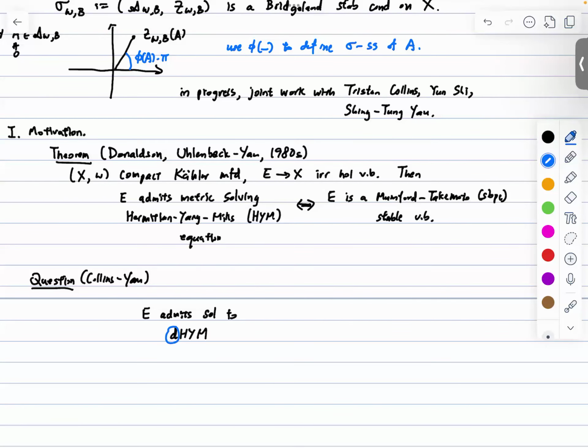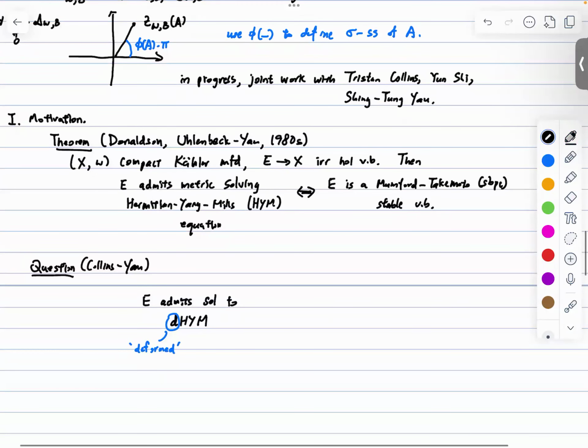So D here denotes deformed. And then on the algebraic side, we can ask whether this vector bundle E is Bridgeland stable. Yeah, so the question is, what's the relation between these two statements?